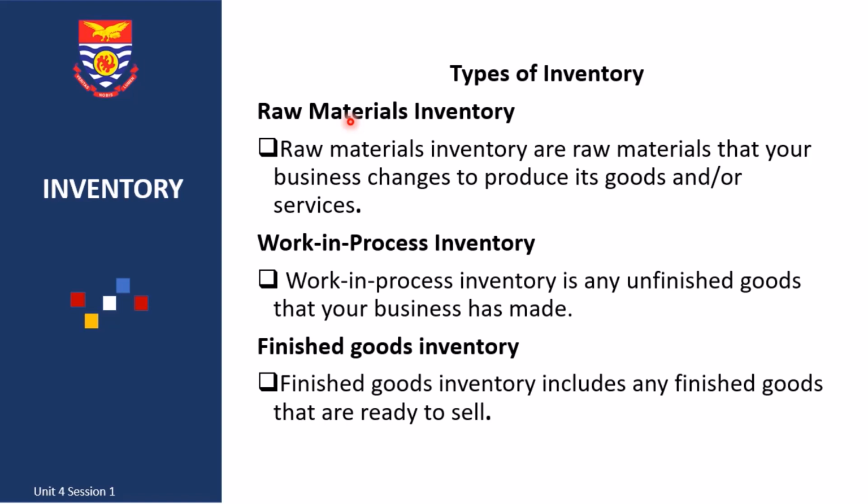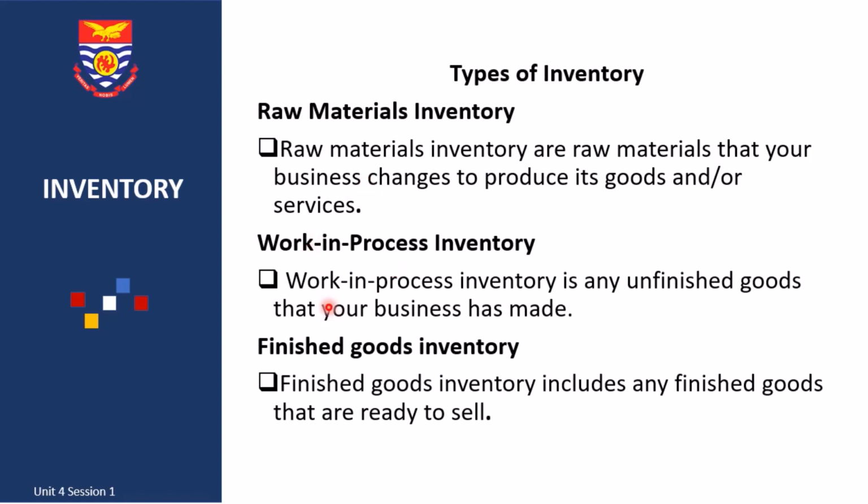For a milk manufacturer, their raw material will be the fresh produce from the cow. For an ice cream manufacturer, their raw materials could include sugar, milk, and other materials that they would need to add value so that they come up with a finished product of ice cream.